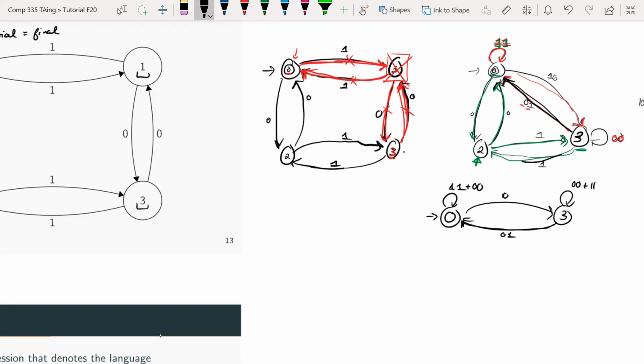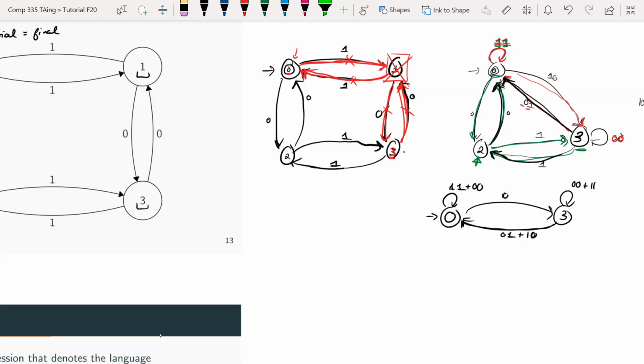So I can go from 3 to 2 with a 1, and then from 2 to 0 with a 0. So that means to go from 3 to 0, I'm going to read a 0, 1, or a 1 and a 0, right? So I have 2 options: 0, 1, or 1, 0, okay?